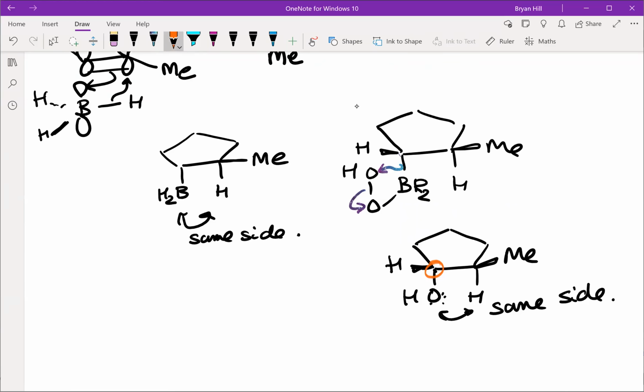It's slightly more complex in the sense that we've got this interesting migration step in part 2, but both of them require 2 steps. So in the oxymercuration, the second step is you have to break that carbon-mercury bond. And in the hydroboration reaction, the second step is you're converting a carbon-boron bond to a carbon-oxygen bond.